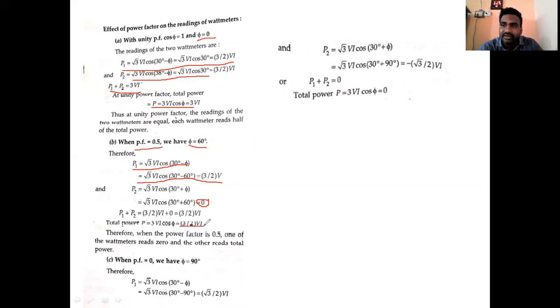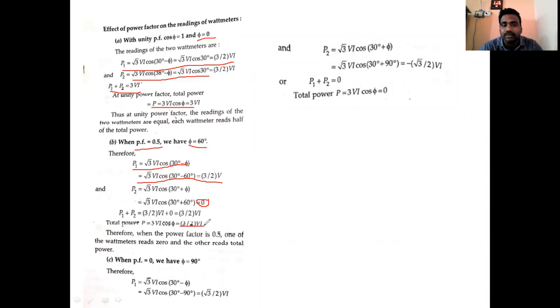So that means when the power factor is 0.5, when the power factor is below unity, what will happen? One of the wattmeters will indicate a zero reading. This is one of the important points which we come across in SSC junior engineer exams many times, and from the GATE exam point of view also.